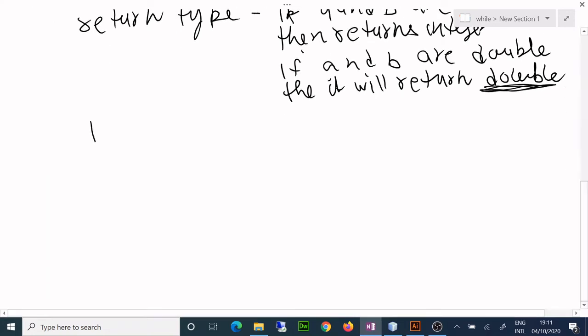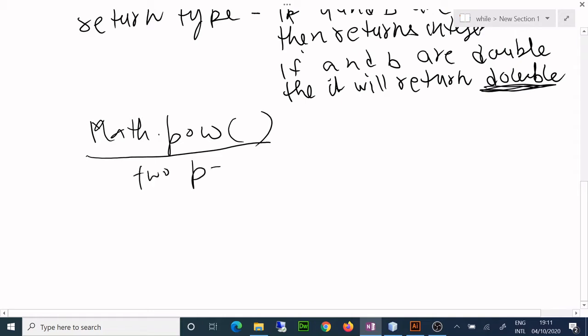So math.pow takes two parameters, or arguments.